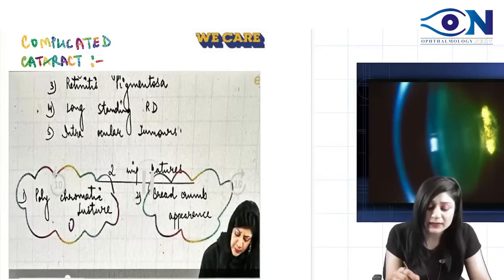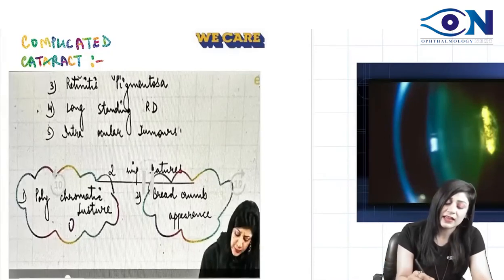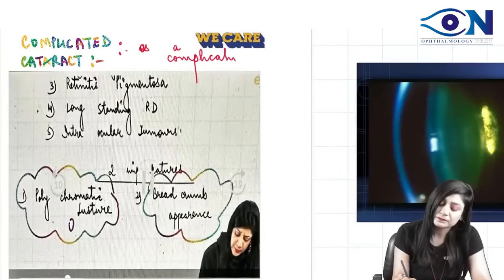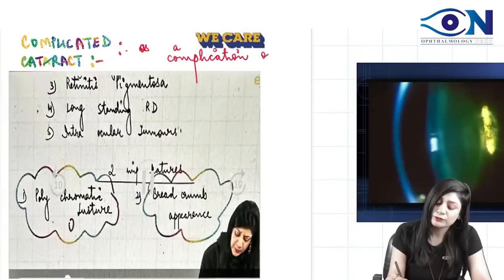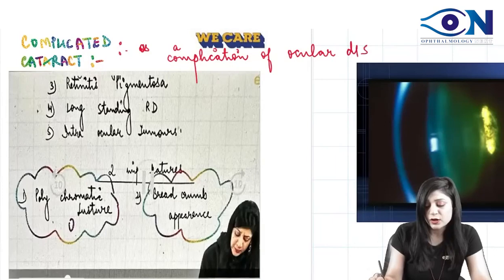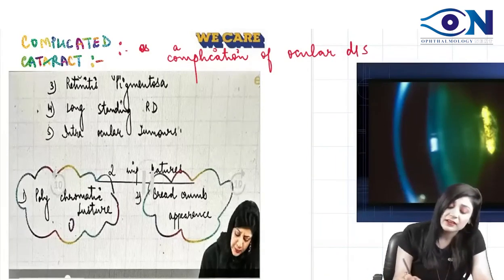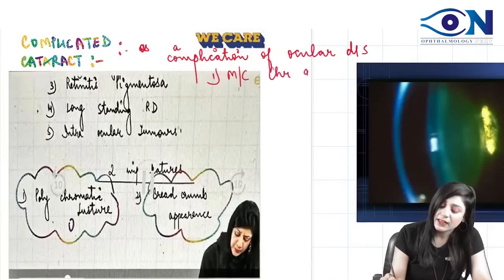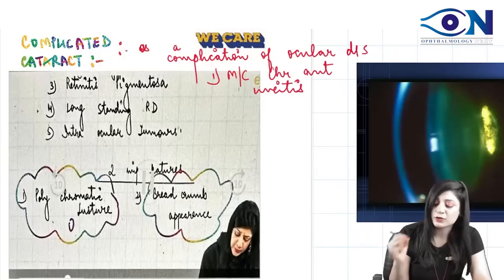Complicated cataract means a cataract occurring as a complication of the ocular diseases. The most common one is chronic anterior uveitis.